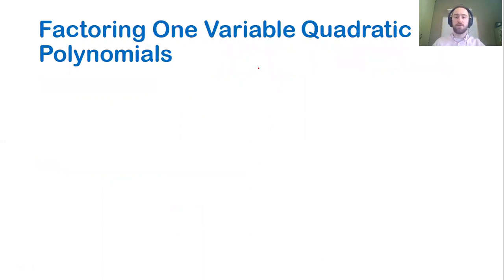So factoring one variable quadratic polynomials. Well, we know our general form of a quadratic polynomial is px squared plus qx plus r. So when p is equal to 1, this makes it a lot easier to factor our polynomial.